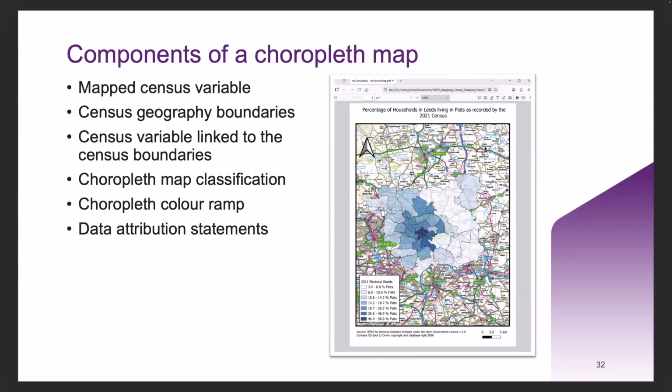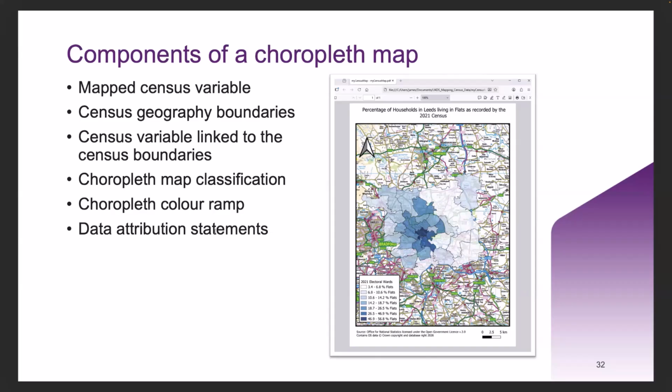The components of a choropleth map are the map census variable, those stats from Data Explorer, the census geography boundaries that we download from Boundary Data Selector, and making a linkage between the stats and the boundaries, then doing a choropleth map classification, so we have to tell QGIS how it should shade each of those polygons according to the census variable, and then a colour ramp: should we use blue to display the different values, or red or green or whatever.